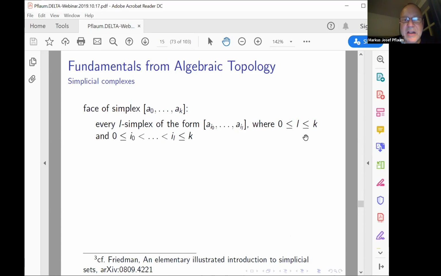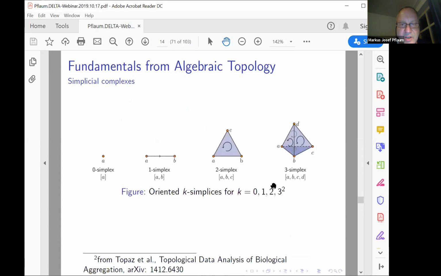You choose any l less than or equal to k, and then l plus 1 points, a_i0, a_i1, up to a_il. These points then form again a simplex, an l simplex, and it's called a face of the original simplex. Going back to this picture, if you go from D to C, that's a face of this two simplex, and B, C, D is a face of this three simplex.